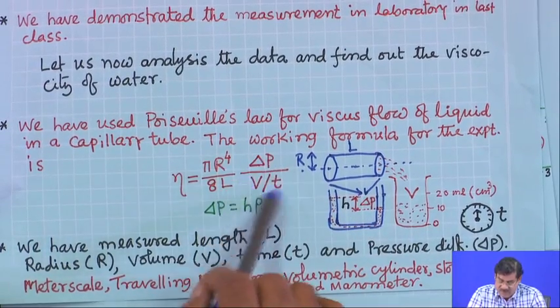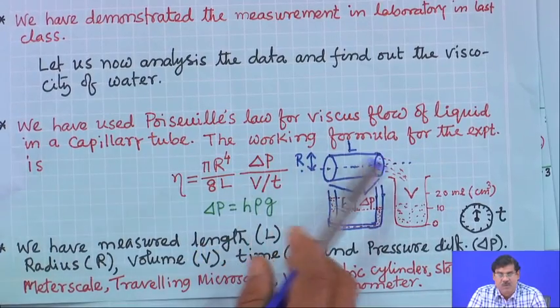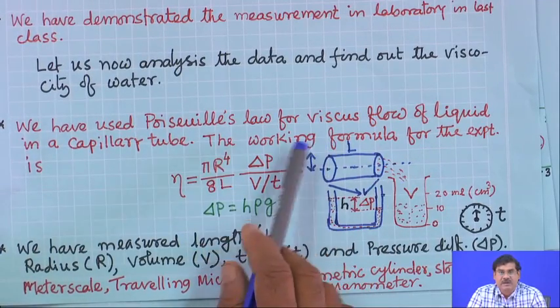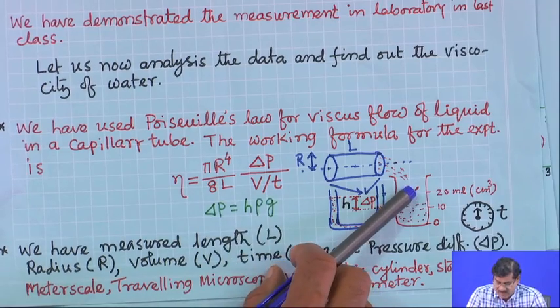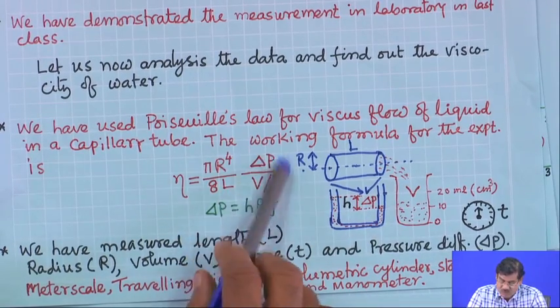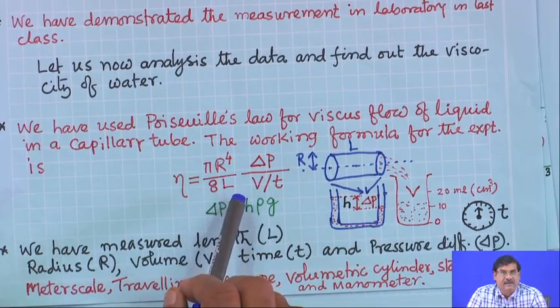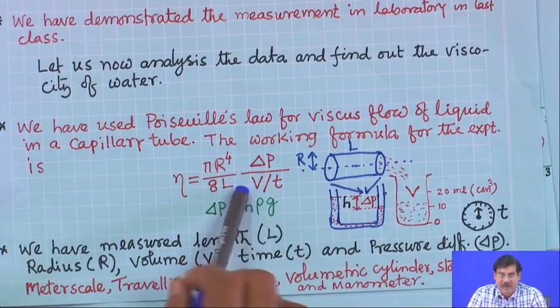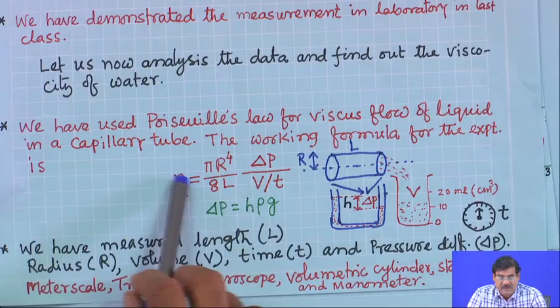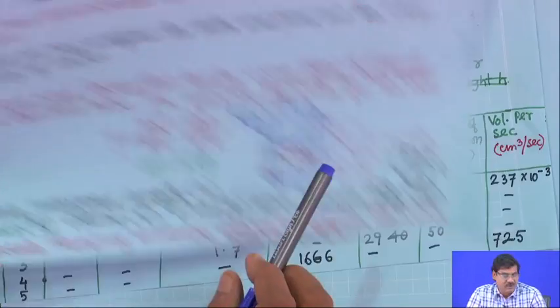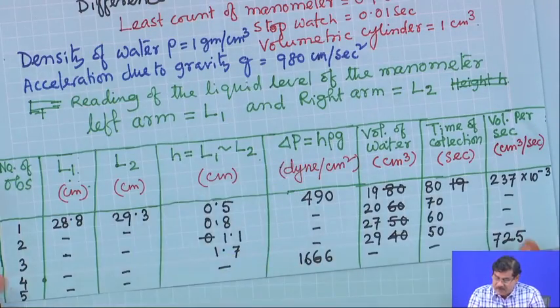This value is basically the slope of the graph, or the inverse of the slope of the graph. We use that slope here, and R and L we already have as data, average R and average L. So we can calculate eta. That is the purpose for which we have taken 5 data points.